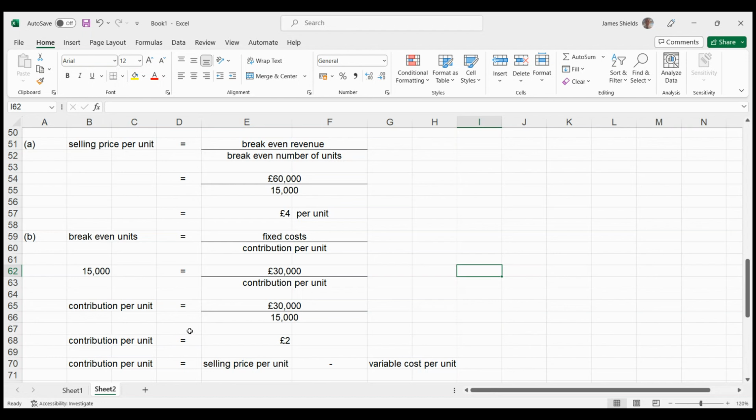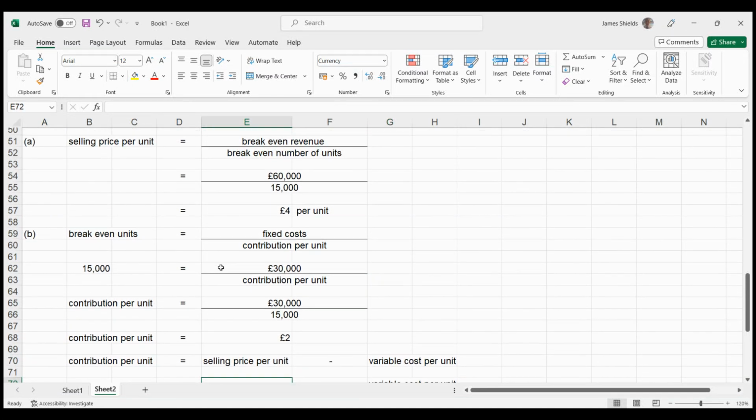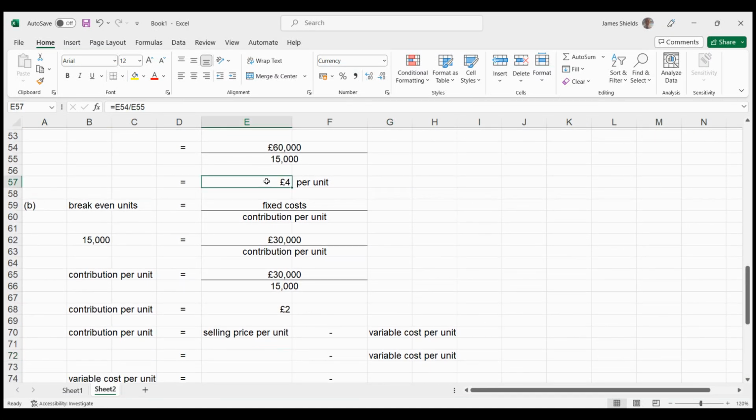So the contribution per unit is £2 per unit. Now the formula for contribution per unit is your selling price take away your variable cost per unit. The selling price we know from part A is £4 per unit. The contribution we know from what we just worked out is £2 per unit.